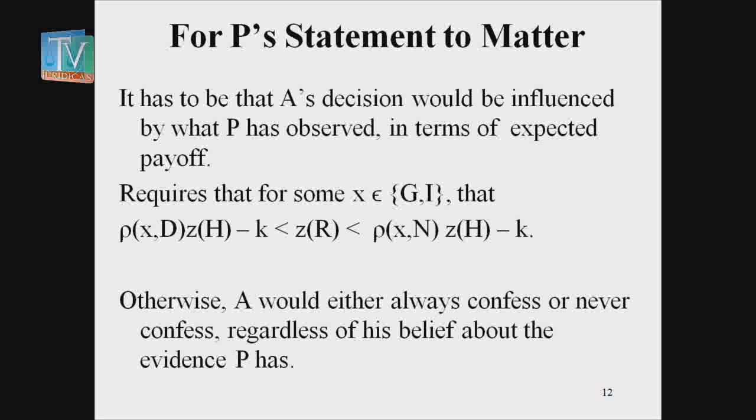If the accused's prospects at trial are so bad that he would be willing to confess regardless of whether this evidence existed, then it doesn't matter if the police lie to the accused, right? Or if the accused thinks his chances are so good at trial that it doesn't matter whether police have this evidence or not, then we don't care if police lie to the accused, right? Because it doesn't change what the accused wants to do, right?